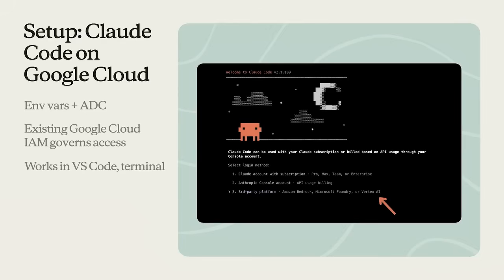You have different methods, but the simplest one is the application default credentials, which automatically finds credentials like the user credentials based on your environment. And then you have a wizard like the one that you see here that will detect the project and the region, verify which Claude models are available on your project that can be invoked, and let you pin them so you can use them in your coding session.